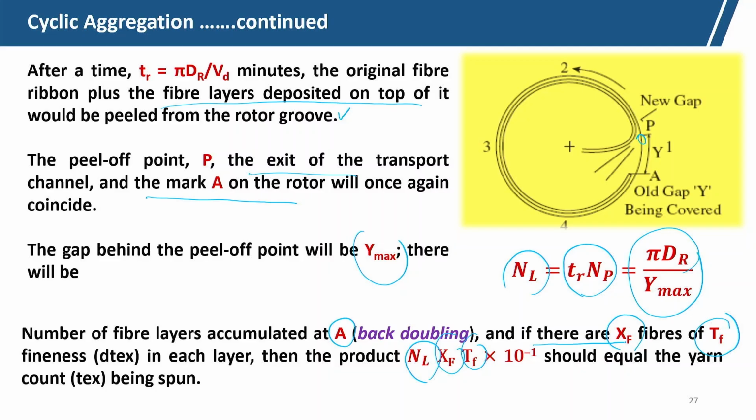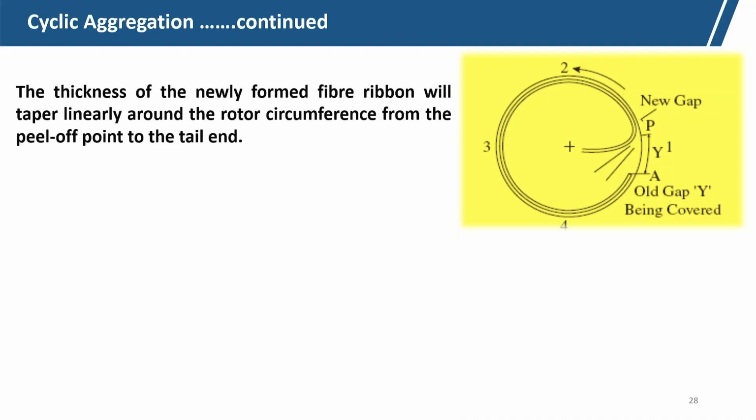If there are x f fibers, the thickness of the newly formed fiber ribbon will be tapered linearly around the rotor circumference. So, this will not be uniform in number. It will be tapered from the peel off point. So, this is the rotor and the fibers will have this shape. This is the peel off point, where the required number of fibers is reached.